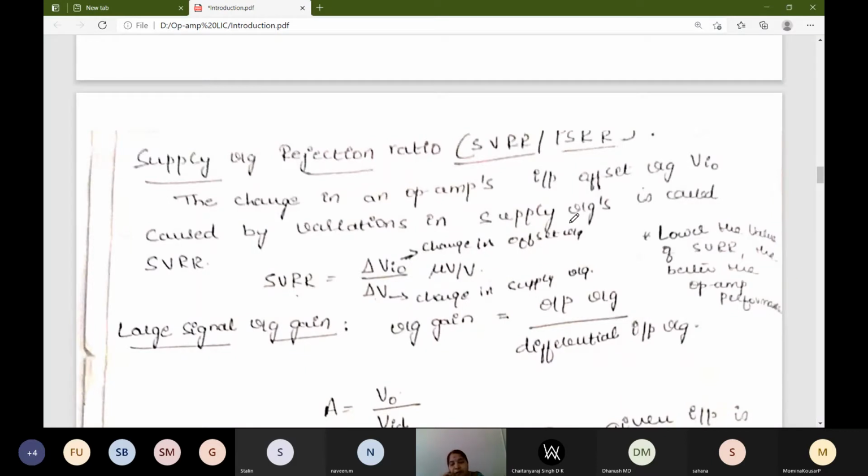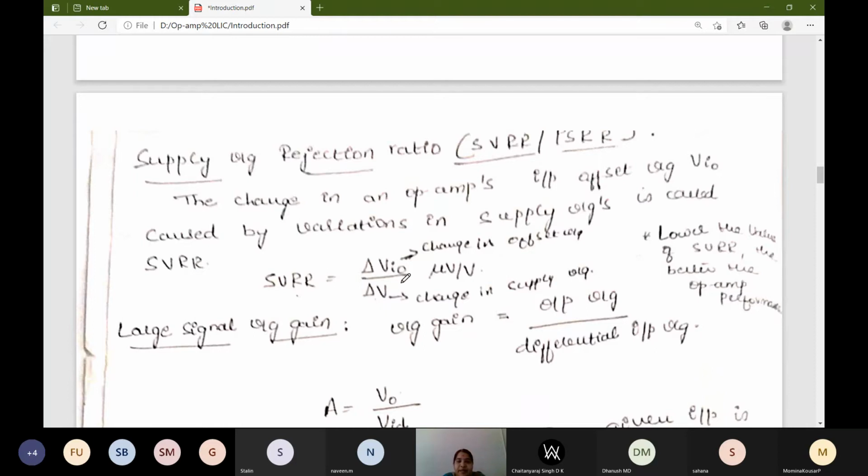This op-amp will always have two supply voltages, one positive and one negative. If we change the supply voltage, say we are giving 12 volts and for the next experiment we change from 12 to 10 volts, we have to see how well the op-amp works even when the supply voltage is changed. That will tell how good the op-amp is. So this parameter tells about that condition, the supply voltage rejection ratio.